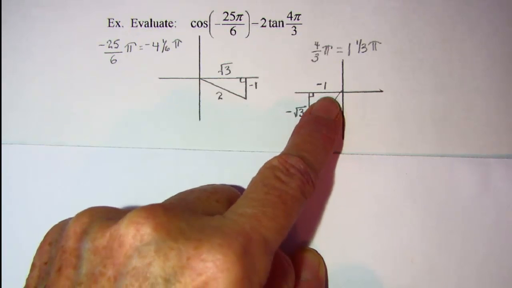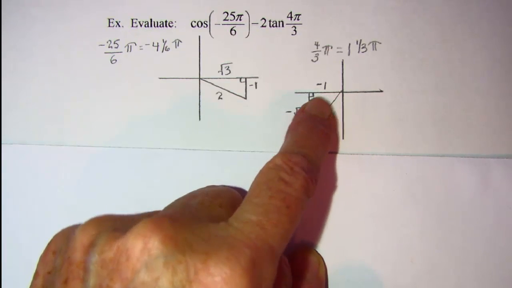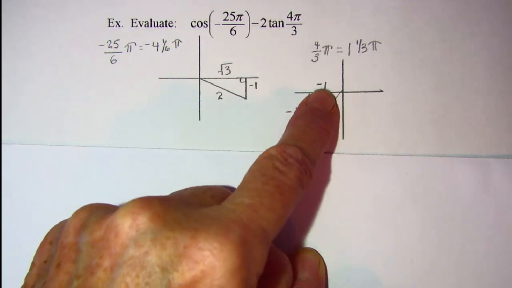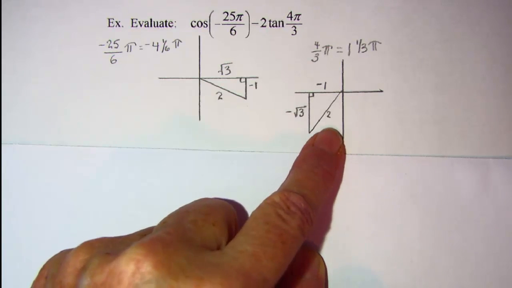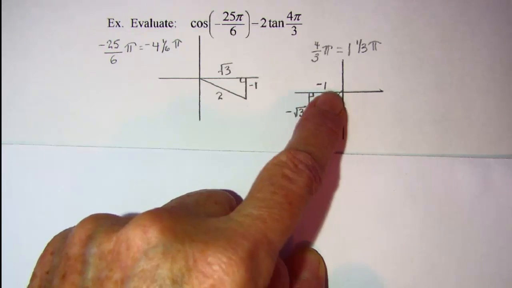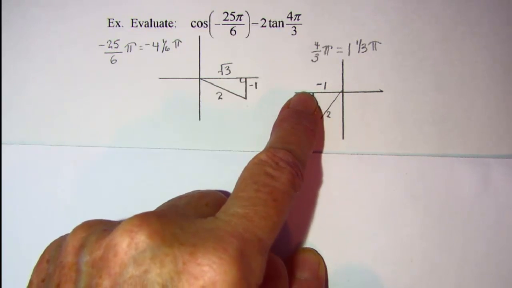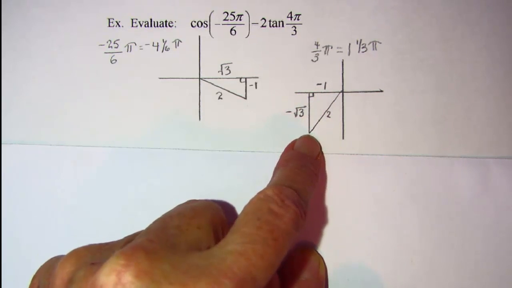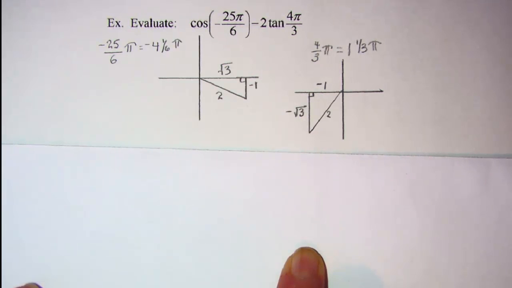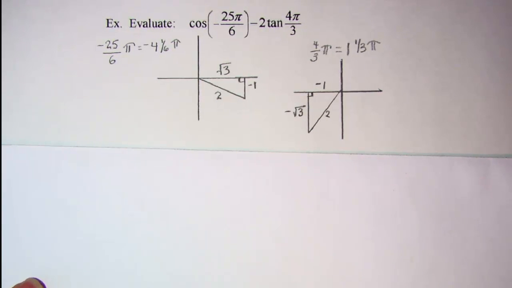So my reference angle is 60. So the side opposite is radical 3, and the side adjacent is 1. The hypotenuse is 2. Now I need negatives on both of these because to the left is negative and down is negative. So now my reference triangle is ready to use for the problem.